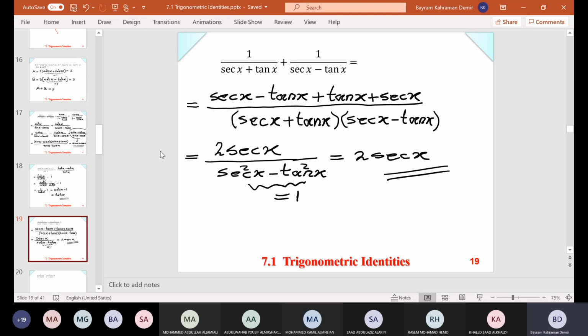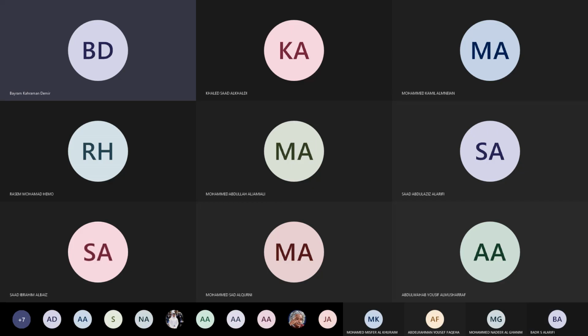We are going to study the sum and difference formulas, trigonometric formulas of sum and difference of the angles. Okay, so I will close this section and switch to the next section now, which is 7.2.